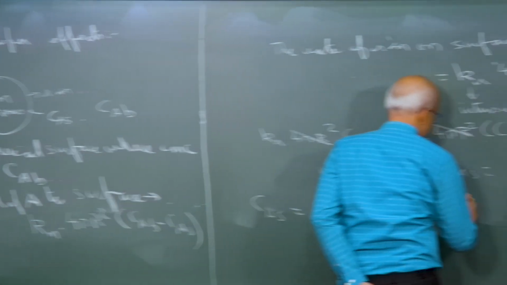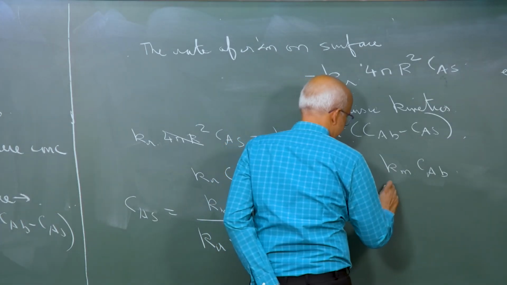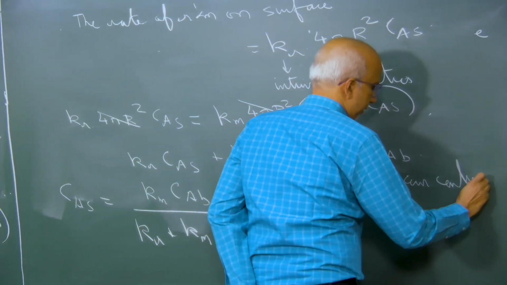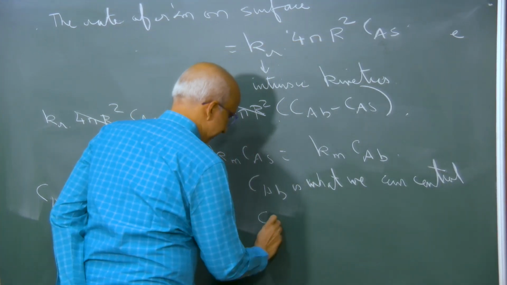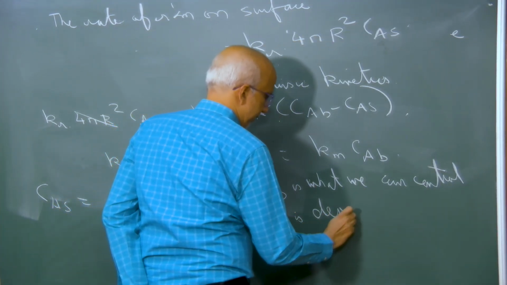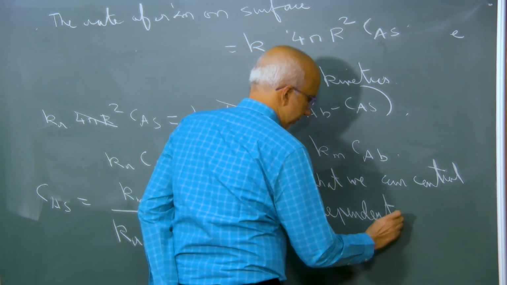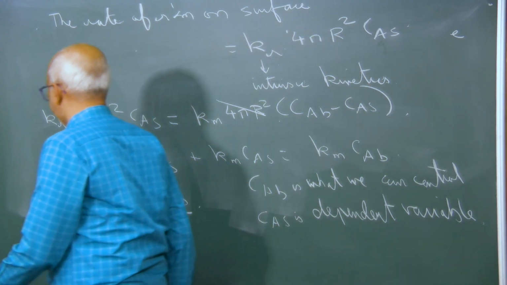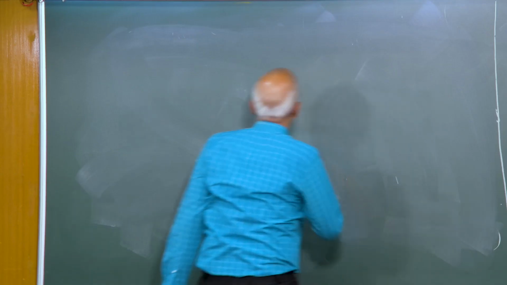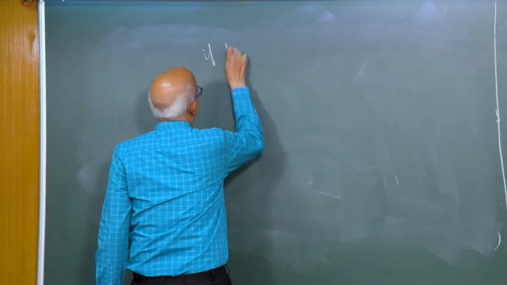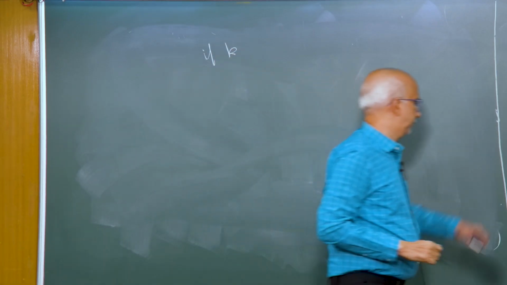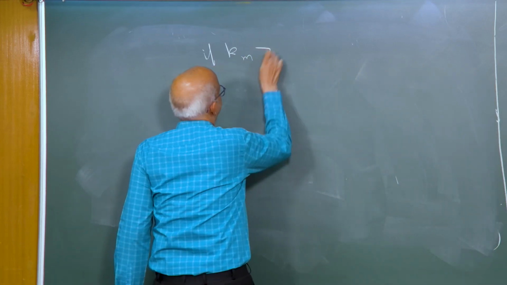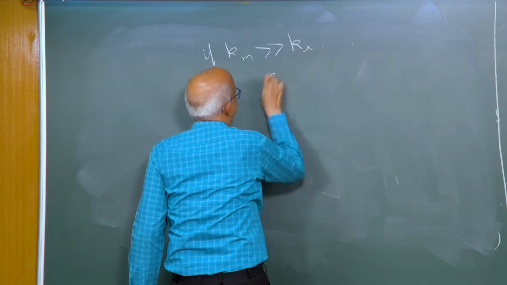So, CAB is what we can control, CAS is a dependent variable, as if Km is very much larger than Kr, then what can I do?